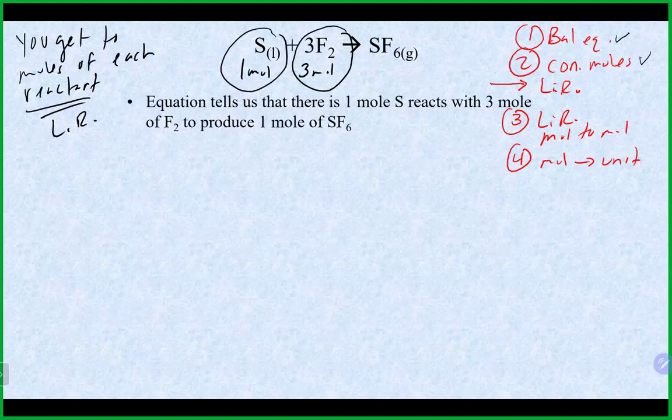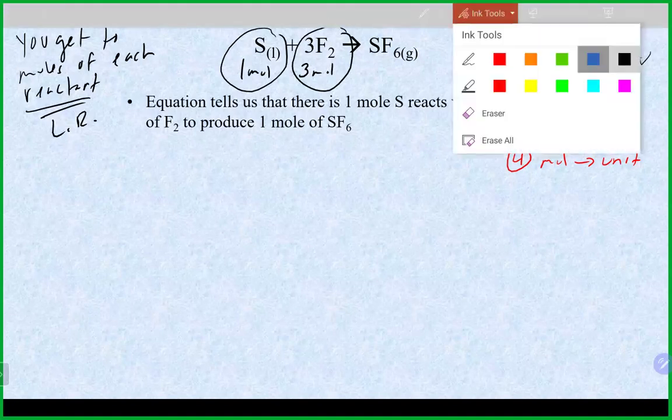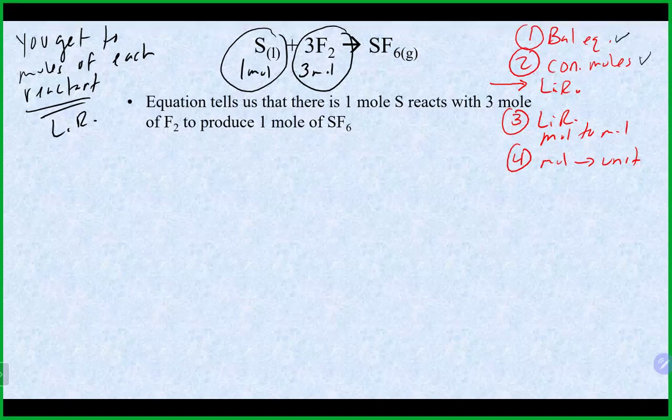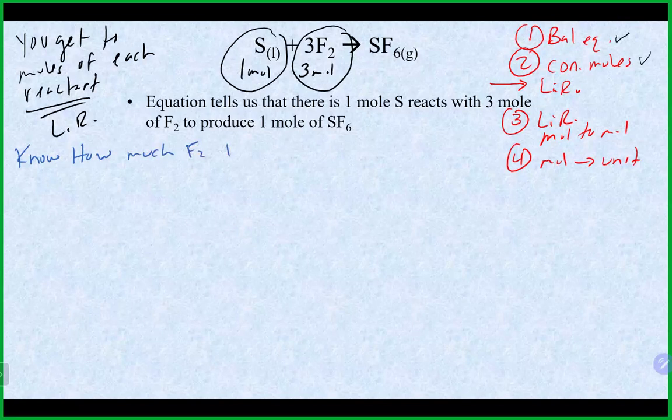So to do the calculation to figure out which one is our limiting reagent, this is one of 2 calculations you could do. You could decide, I want to know how much fluorine I need to use up all the sulfur in this case. So basically what you're trying to figure out is if you want to use up one of your reactants, how much of the other one did you need?